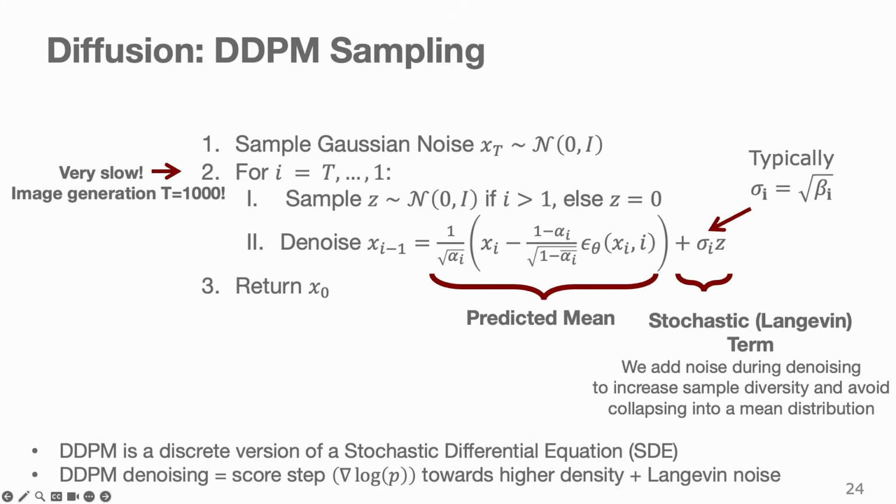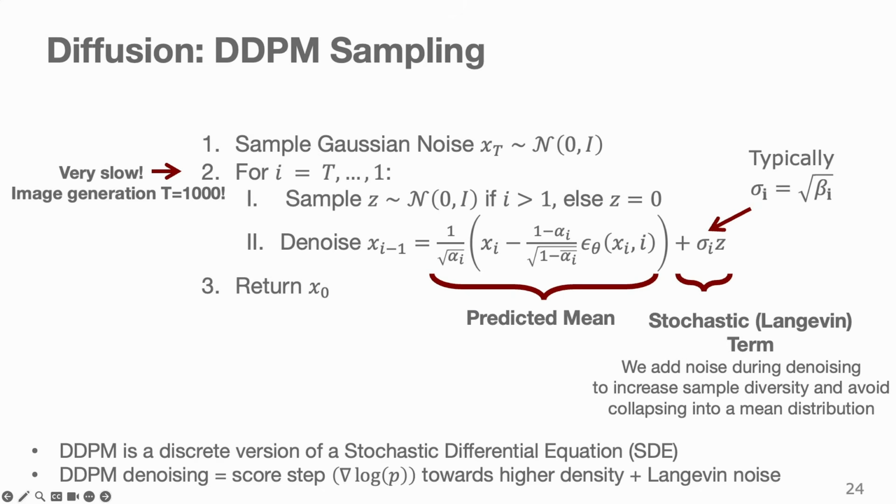The first part is we compute the predicted mean. So we take xt, subtract the predicted noise scaled, and then renormalize. And so this is the deterministic denoising step, moving towards where we think x0 will be.